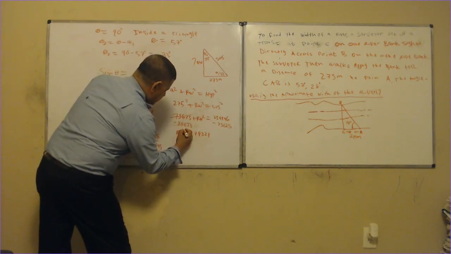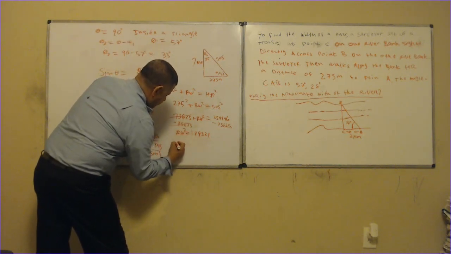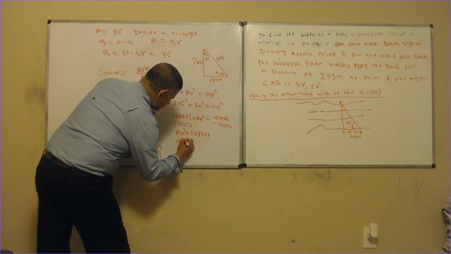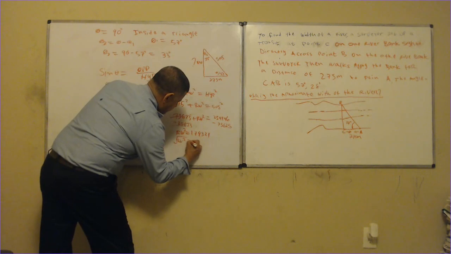Because this is squared, we need to take the square root on both sides.